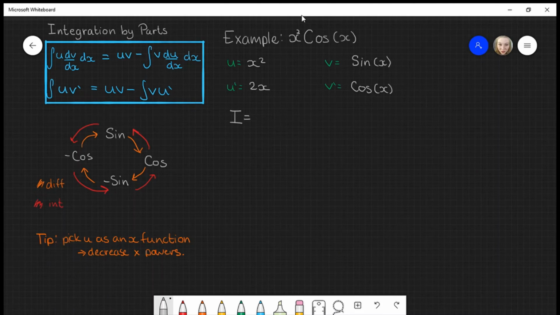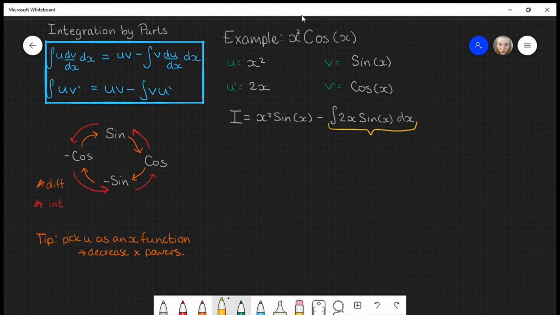Carrying on, matching everything with the formula, uv is x squared sin x minus the integral of v u dash, which is 2x sin x. As you can see, that is a product. So we can use integration by parts again on this last term here.